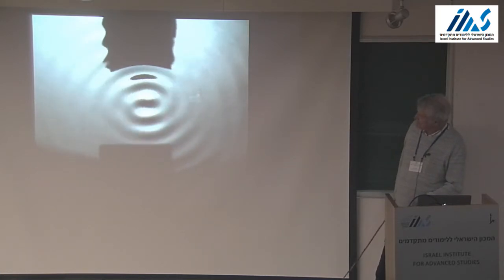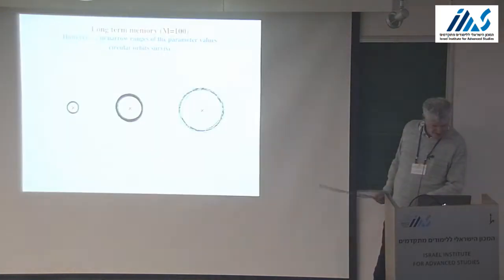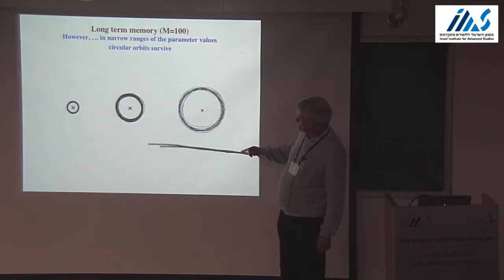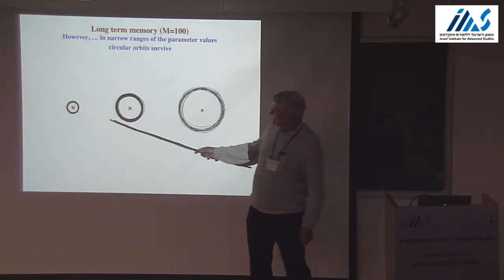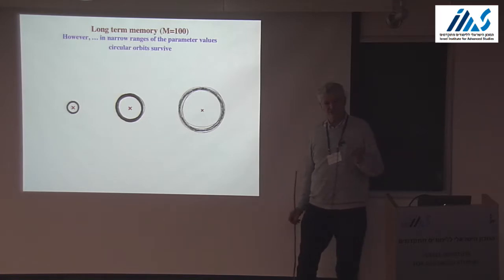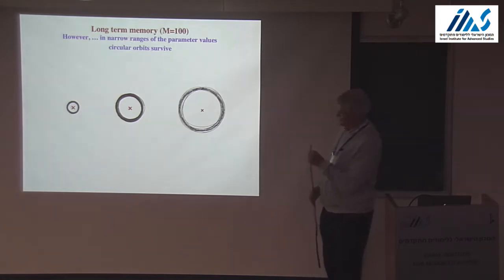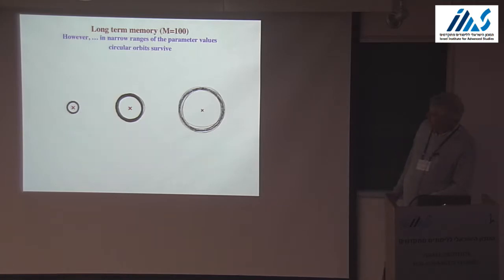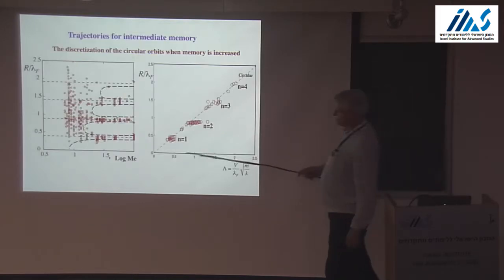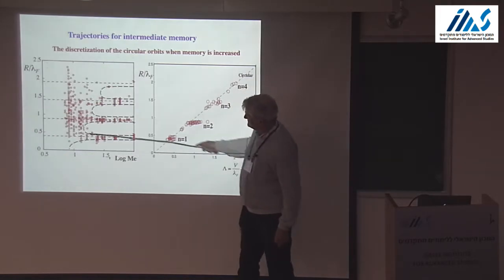Okay, so if you finely tune the width of the well, you find that for certain values of this width, you recover stable trajectories. But these values are very sharp. It really needs fine tuning, and this is what you observe, even though the system is at high memory. So this is the memory and this is the radius.